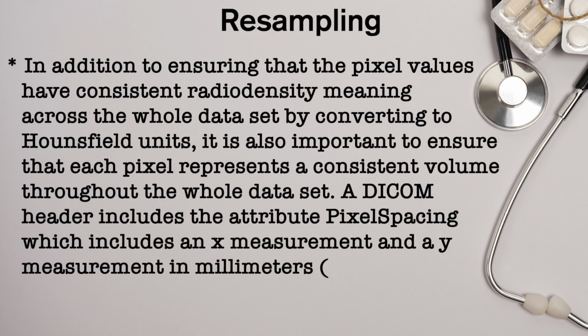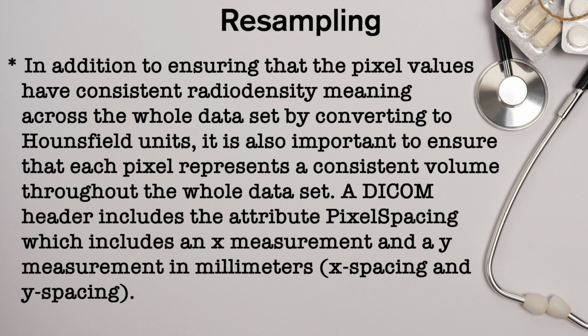Resampling, in addition to ensuring that the pixel values have consistent radio density measurements across the whole data set by converting to Hounsfield units, it is also important to ensure that each pixel represents a consistent volume throughout the whole data set.